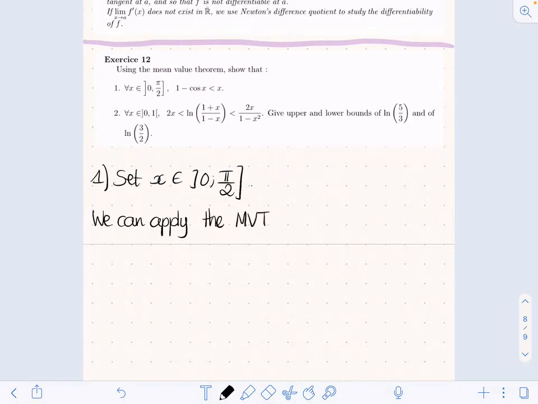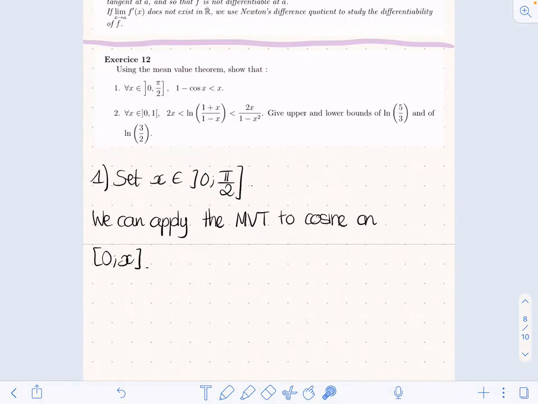So if I write MVT, the mean value theorem, to cosine on the segment 0x. Okay, so x here is any value between 0 excluded and pi over 2 included. And we're going to apply the mean value theorem to cosine on that interval.